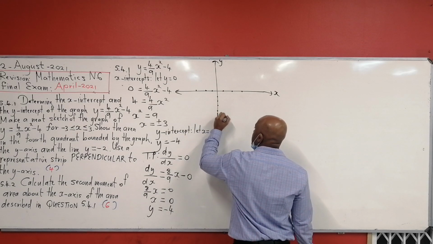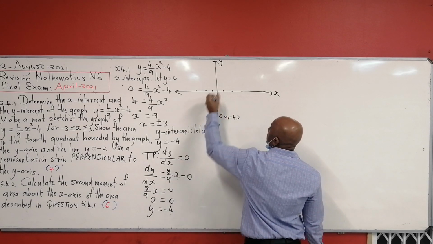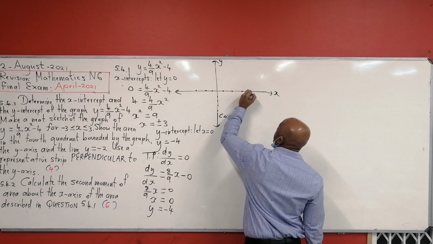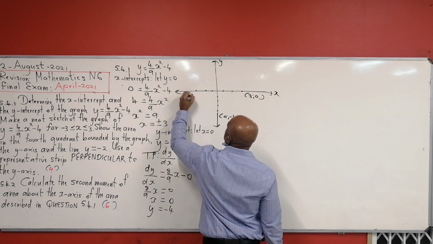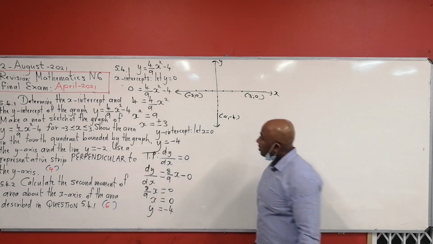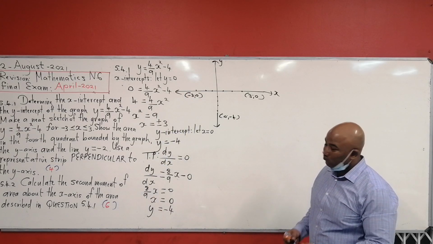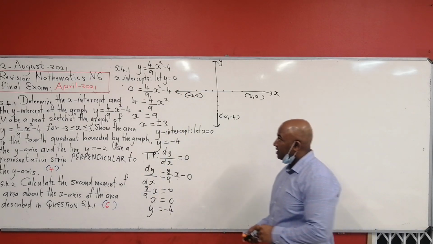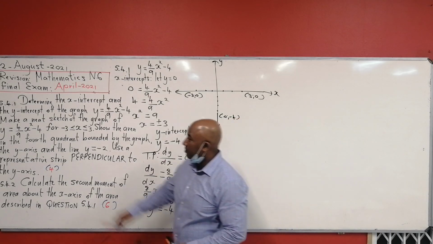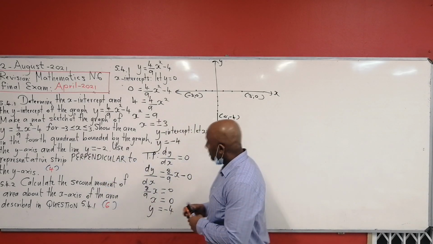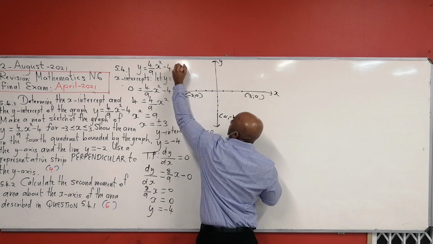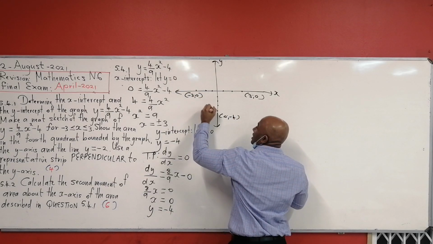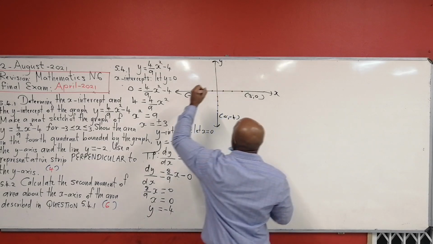So this is your 0, minus 4. This is 3, 0. And this will be minus 3, 0. Those are all the critical points. Okay. Now they say sketch the graph from minus 3 to 3 only. So your graph is actually coming down here, turning, and then going up.